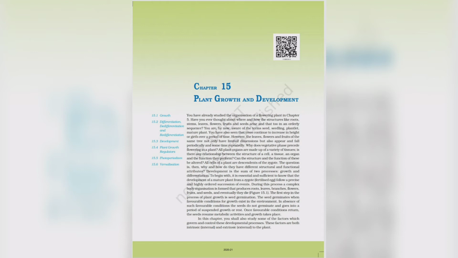The PGRs of the other group play an important role in plant responses to wound and stress of biotic and abiotic origin. They are also involved in various growth inhibiting activities such as dormancy and abscission. The PGR abscisic acid belongs to this group. The PGR ethylene could fit in either of the groups but is largely an inhibitor of growth activities.